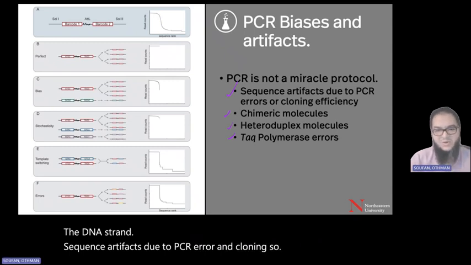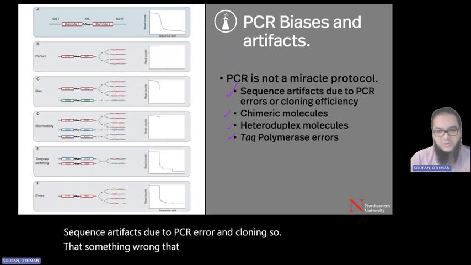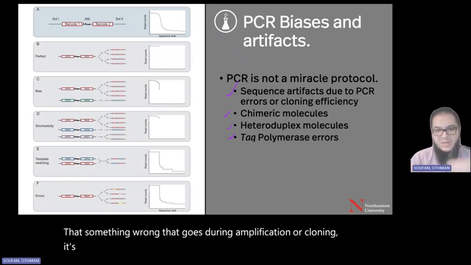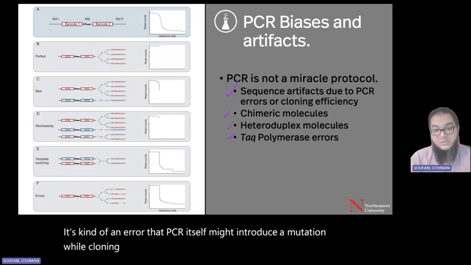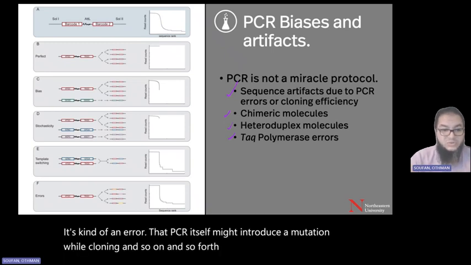It's something wrong that goes during amplification or cloning. It's kind of an error, that PCR might introduce a mutation while cloning, and so on and so forth. So, different issues.